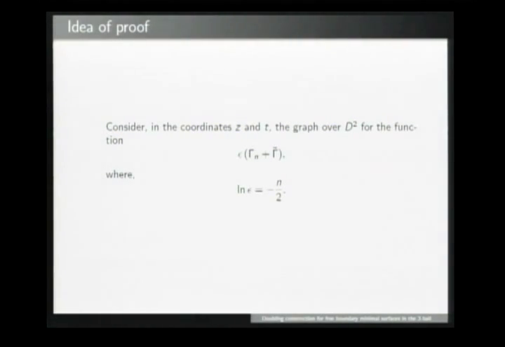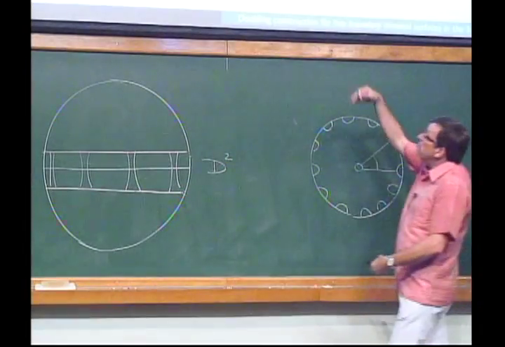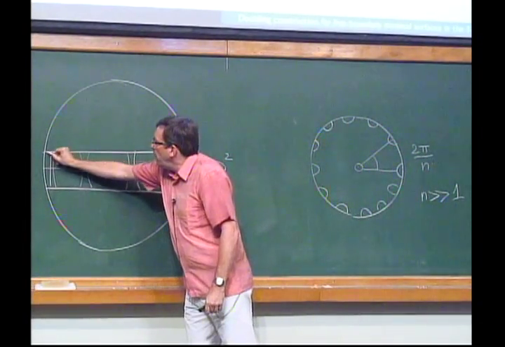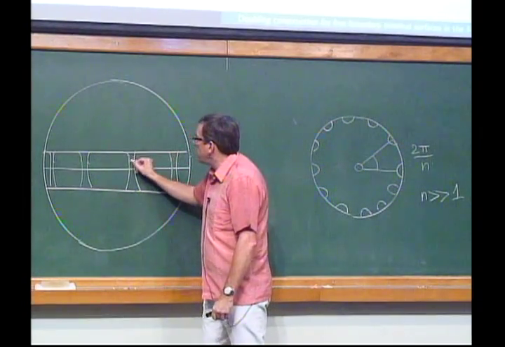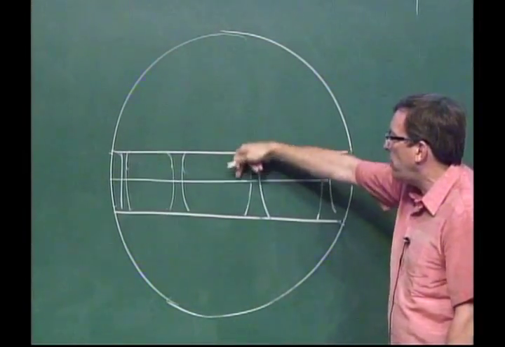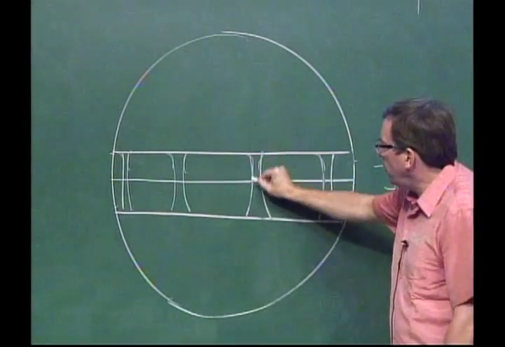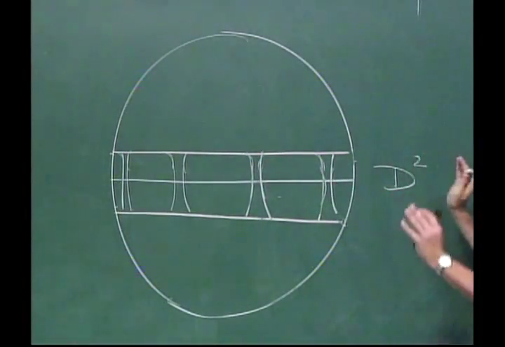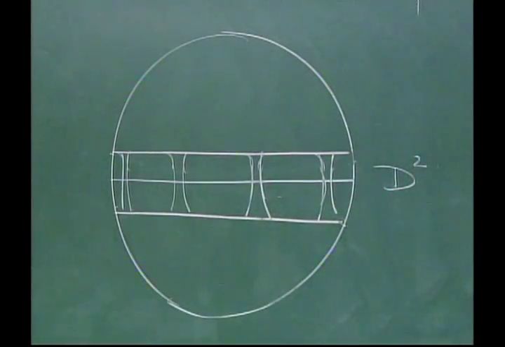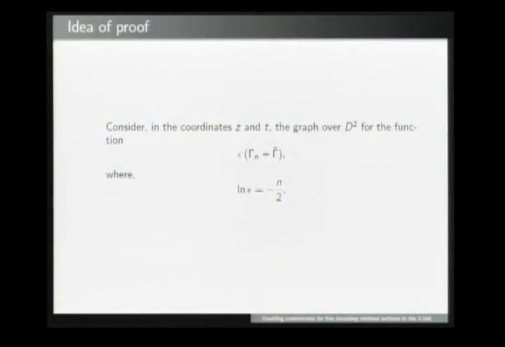And then this function here will produce a graph that has a lot of singularities like this, and maybe a singularity inside close to the origin, and then you try to insert half rescaled catenoids in between the upper version and the lower one, and you find out that to do so there will be a relation between the number n, which is the number of punctures you have on the boundary, and this parameter epsilon.